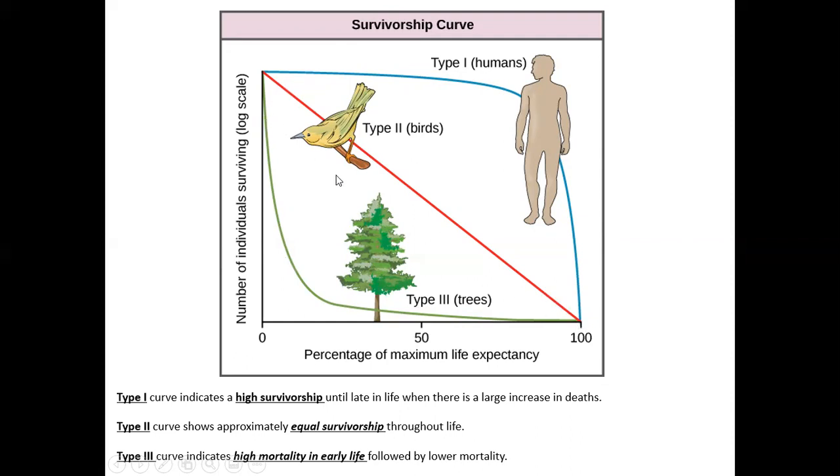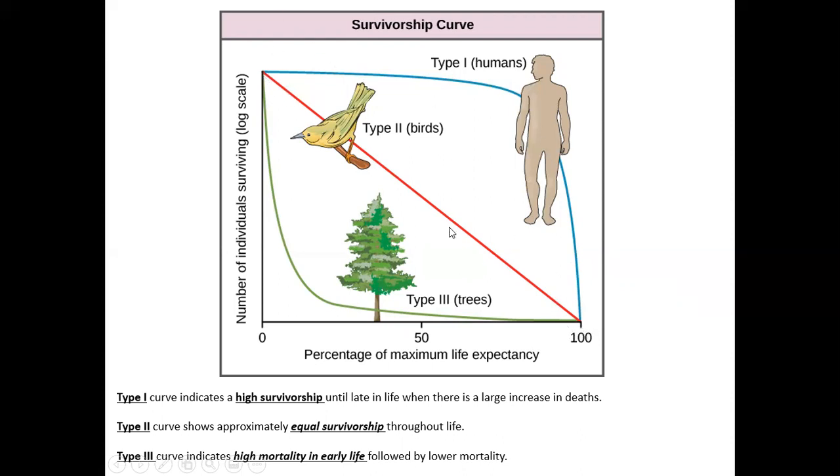So back to type 1, you've got high survivorship early in life. Here's where the strong parental care at the beginning of life helps most of us survive to a certain age. Then once you get near the 75, 80% mark, you start to see a large decrease in individuals that live that long because you're reaching the end of life expectancy.